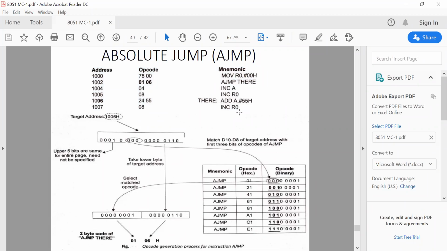So the upper 5 bits are the same, 00010. That is the page number.